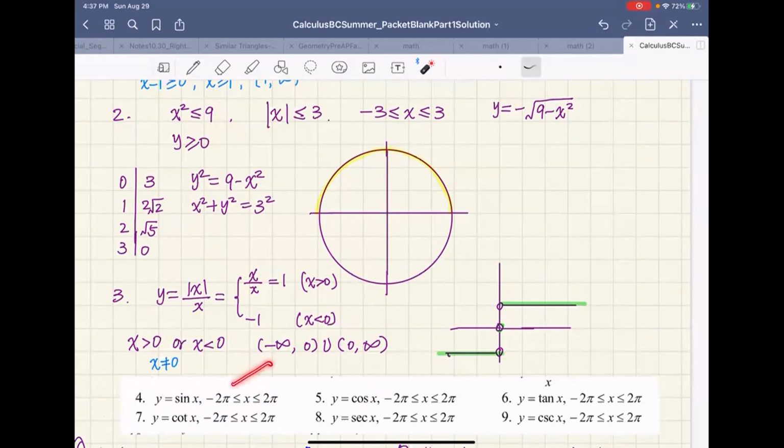Can you please go ahead and draw on your paper sine, cosine, tangent, cotangent, secant, and cosecant? All right, go ahead. Please draw on your paper.